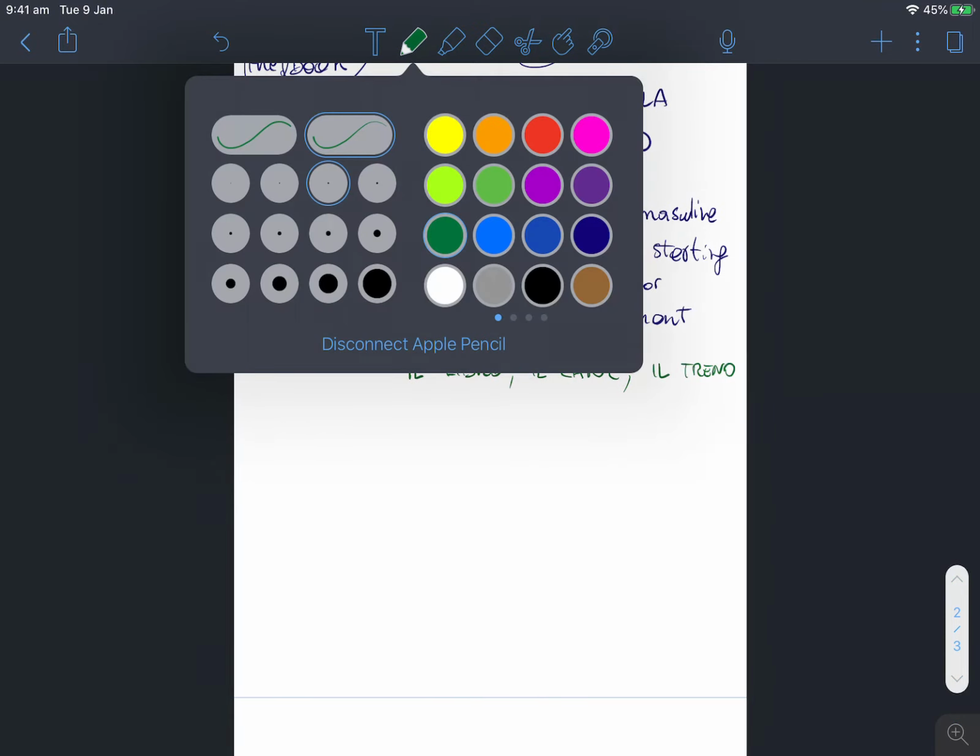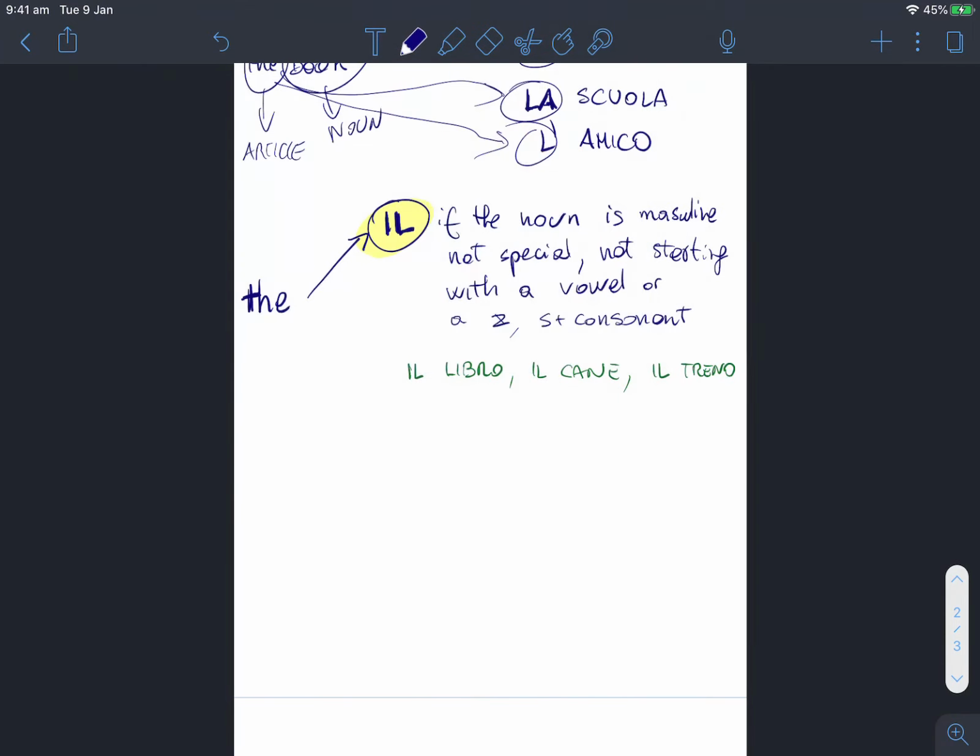The other option that we have is l'. When do we use l'? We use l' when the noun starts with a vowel.